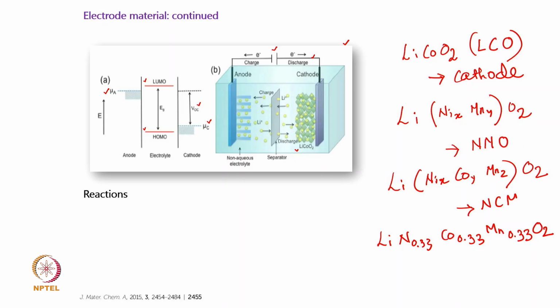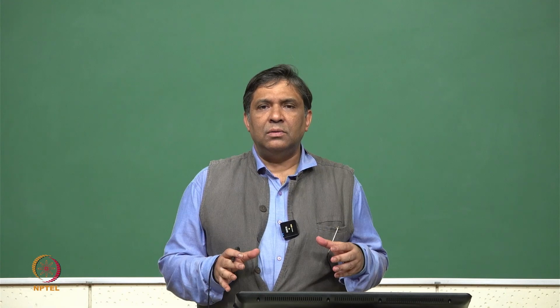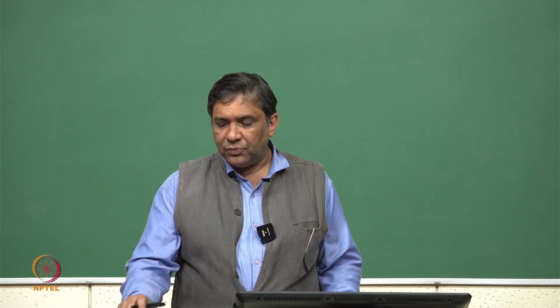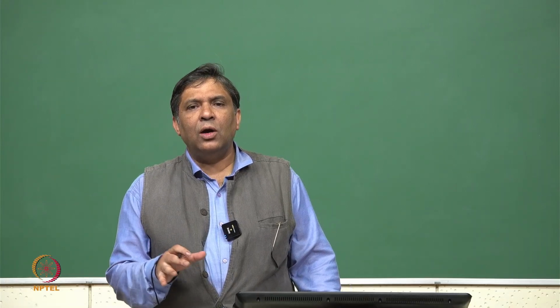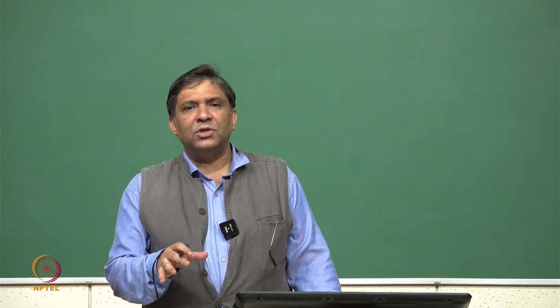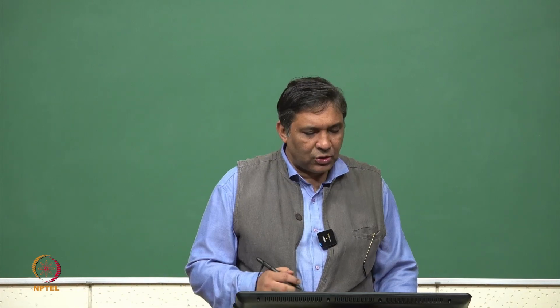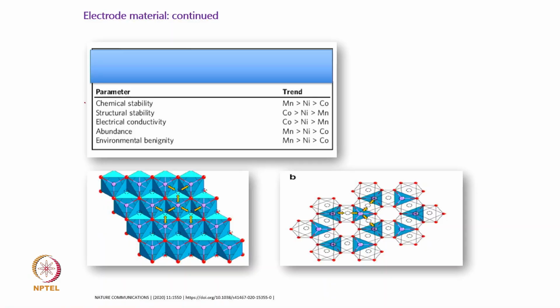If we look at these three materials and compare their performance from the point of view of physical properties, and in which property each transition metal element is better: in terms of chemical stability, manganese is better than nickel, which is better than cobalt.